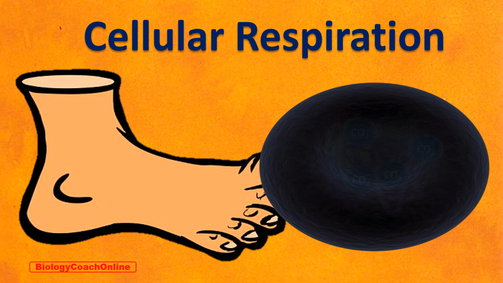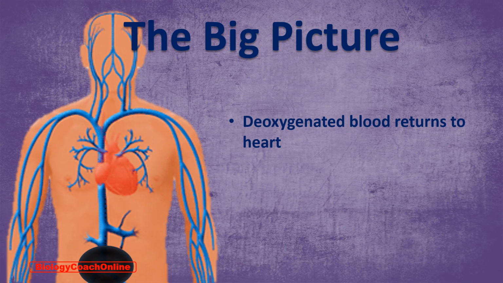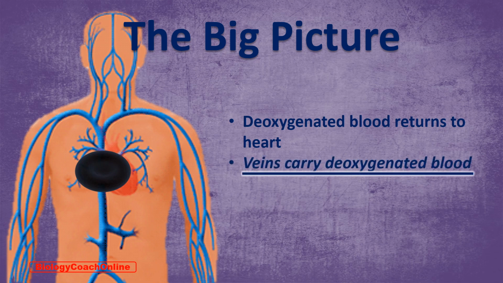This is a common convention in anatomy sources, that is, to denote oxygenated or arterial blood in red and deoxygenated or venous blood in blue. So the deoxygenated blood enters your venous circulation, leaves your foot, and returns to the heart. Deoxygenated blood returns to your heart by way of your venous circulation. So that is the second major point to remember about circulation. Your veins carry deoxygenated blood.